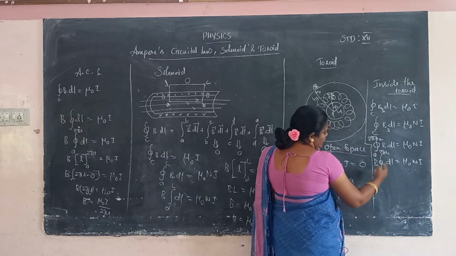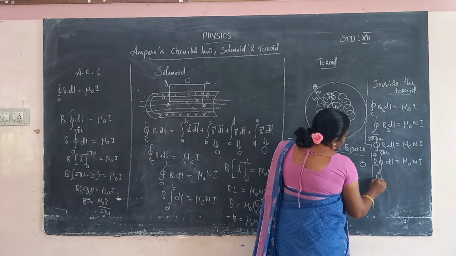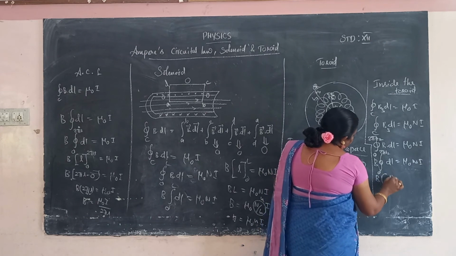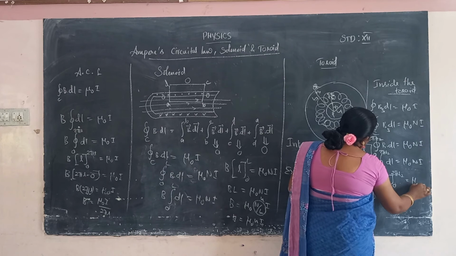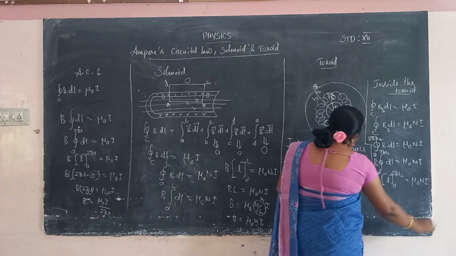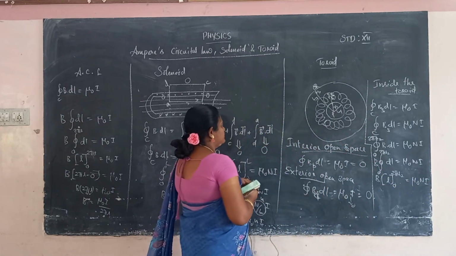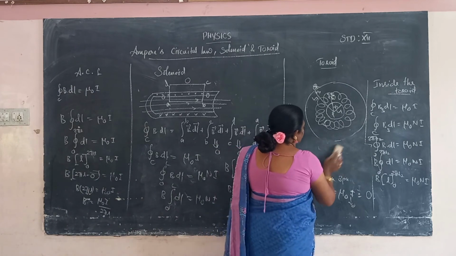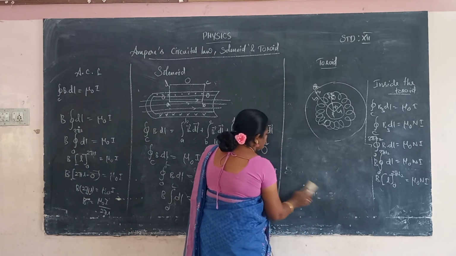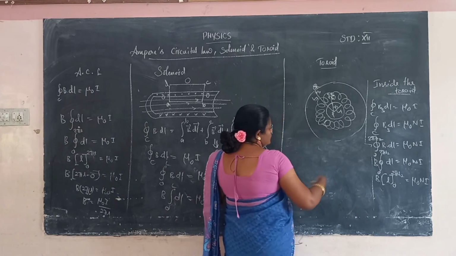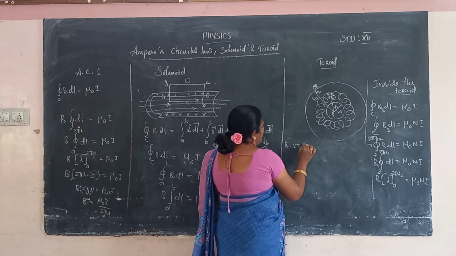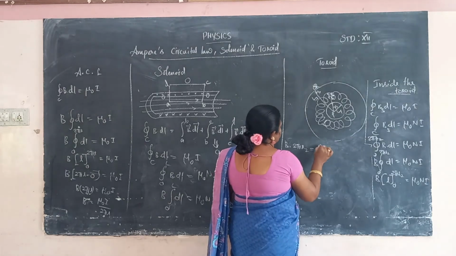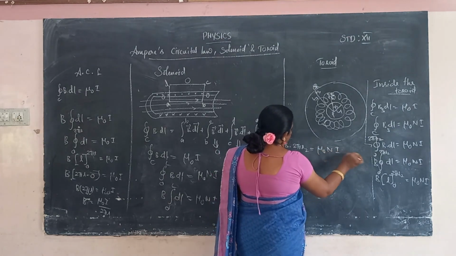So we calculate the integral of dl. B into the integral of dl is L, so from 0 to 2 pi R2, equal to mu n I. Then we apply the upper limit, so B into 2 pi R2 equals mu n I. Clear?